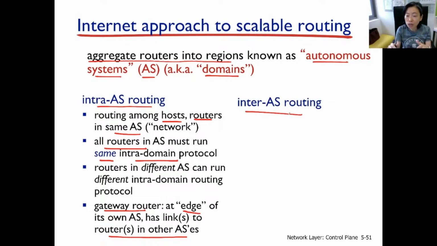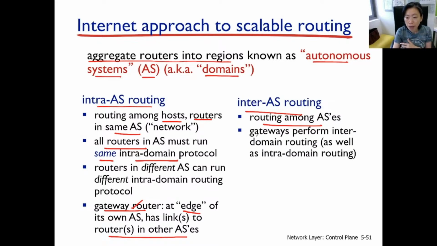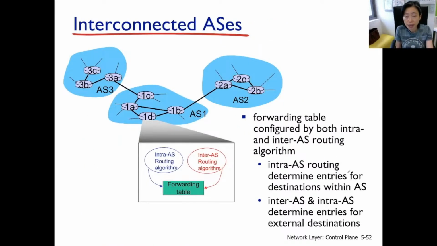That is the routing protocol running across the gateway routers, working among the ASs, and the gateway routers do the inter-AS routing computation.